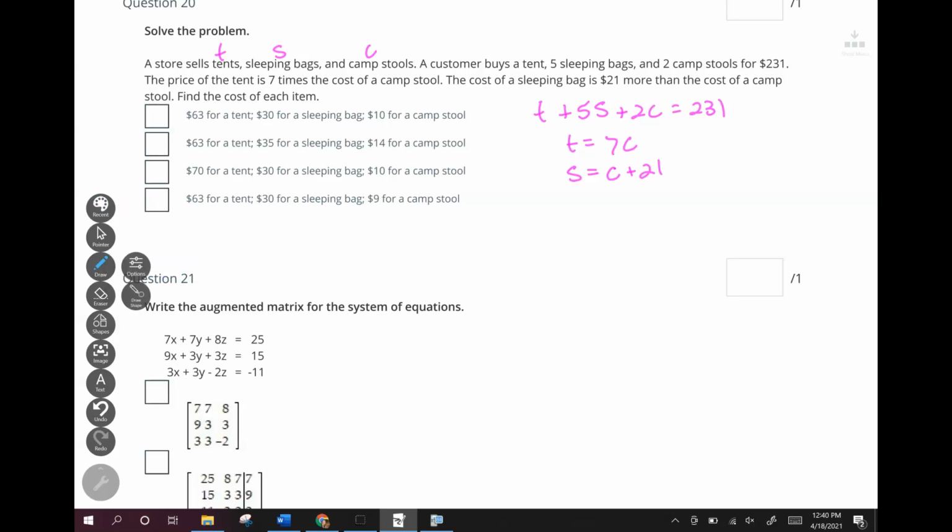You have 3 equations with 3 variables, but notice these two are in terms of C. So what you can do is substitute this for T, substitute this for S, and solve for C. And then once you have C, you can easily get the cost of the tent and the sleeping bag by plugging that C back into these two equations. So I'll let y'all do that.